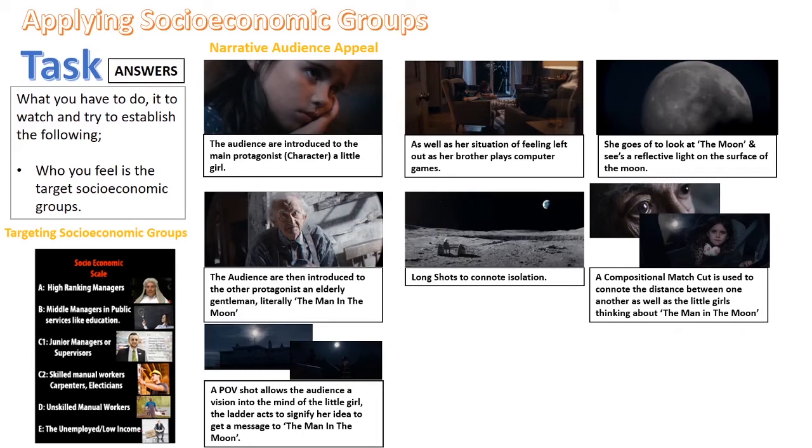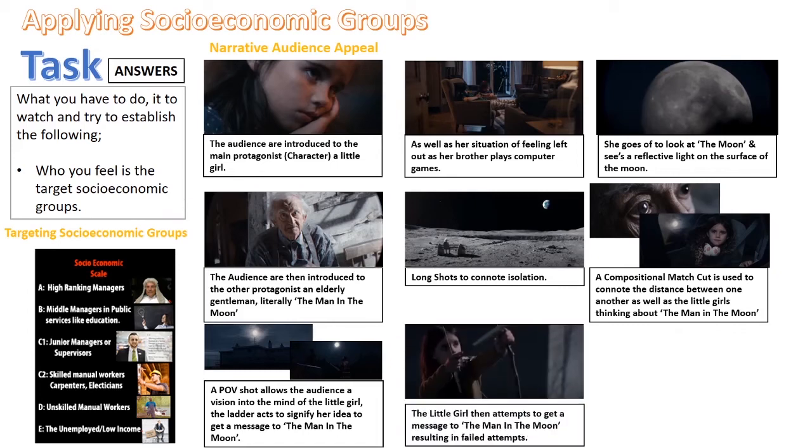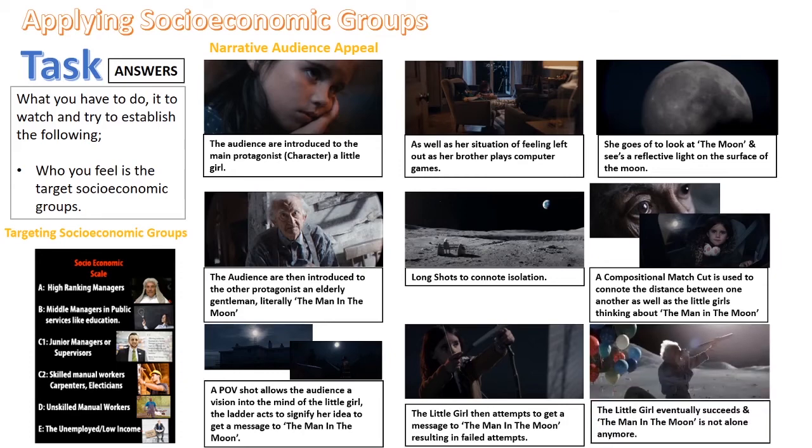So then she tries to go to the moon to deliver this message, to make sure that the man realises that he isn't alone, as that inspires her. So she tries all these different things, bows and arrows, trying to shoot messages up, and then eventually she manages to find a way of getting it there on all of these balloons, and what she's given the man is a present of a telescope, and so therefore they can look at one another now and know that they are not alone.